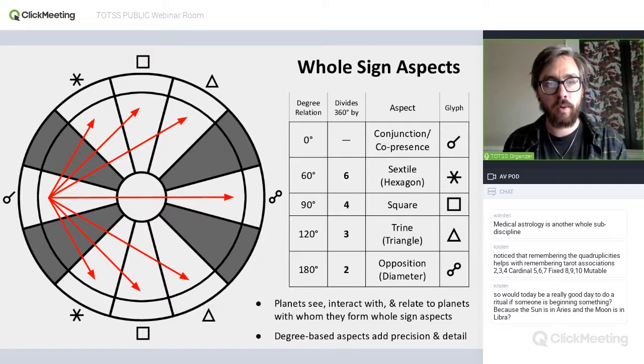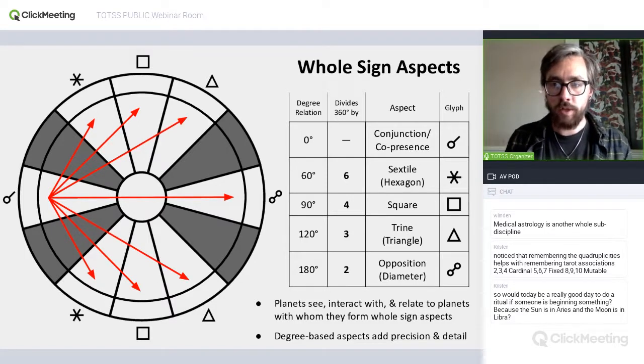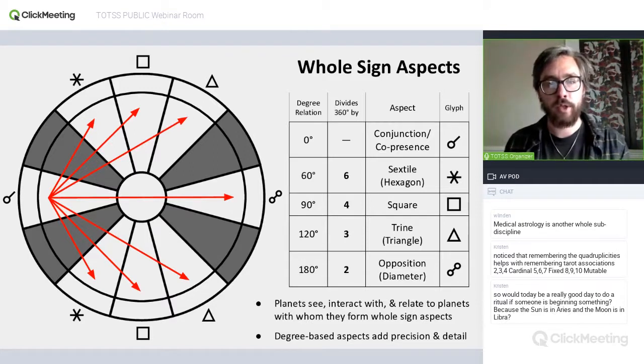And so what's going to happen here is that planets in each sign form aspects to not every other sign, but planets in certain other signs. So in the chart there on the right, you see the degree relationship of approximately 0 degrees. And so the planets in the same sign are said to be co-present with each other.